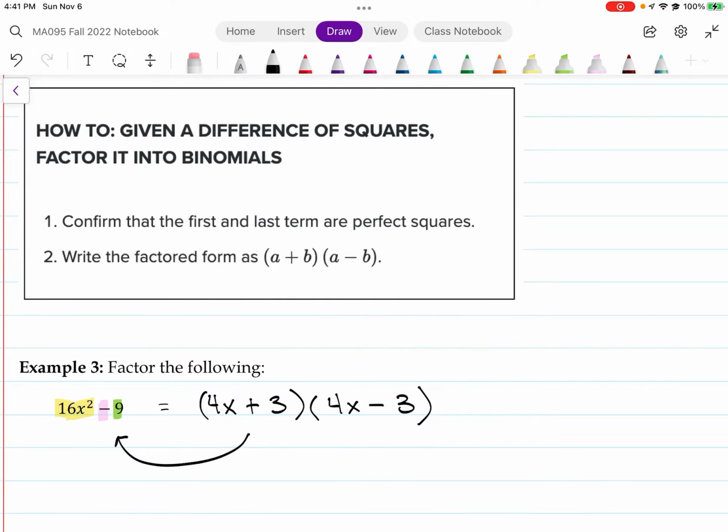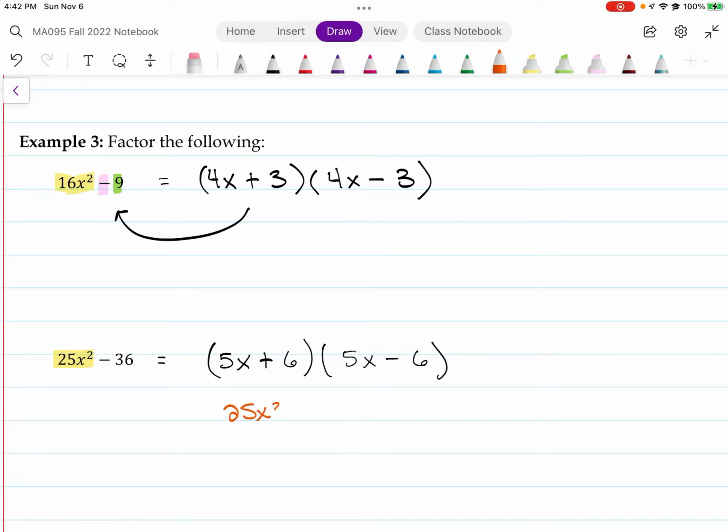All right, so hopefully you gave that a try, and we're going to take the square root of this whole thing. They're both perfect squares multiplied together. So what is the square root of 25x squared? It is 5x plus, what is the square root of 36? 6. And then we're going to take that times the same two, but with a minus in between. And again, let's just work this out one more time. 5x times 5x, 25x squared.